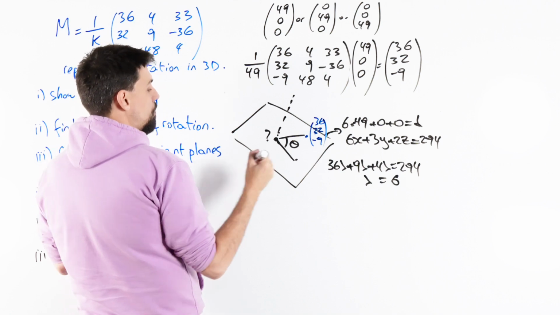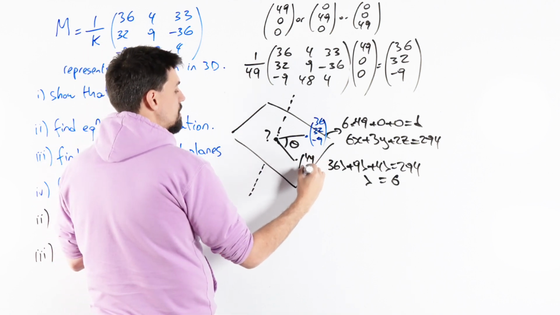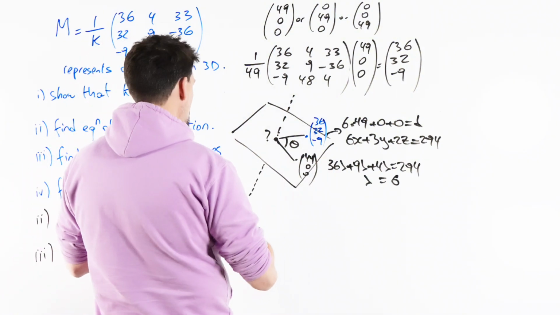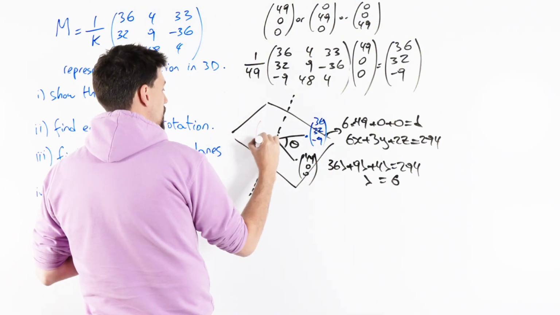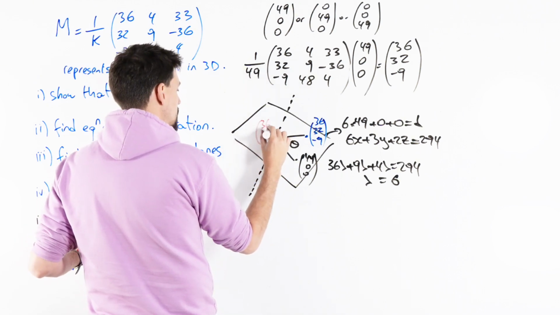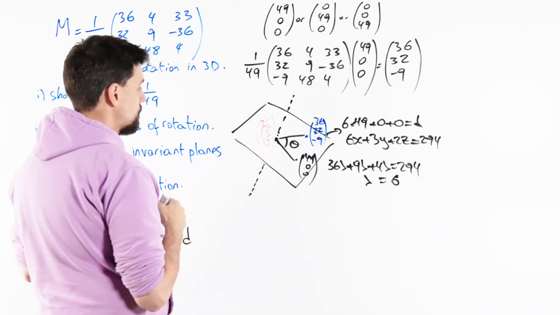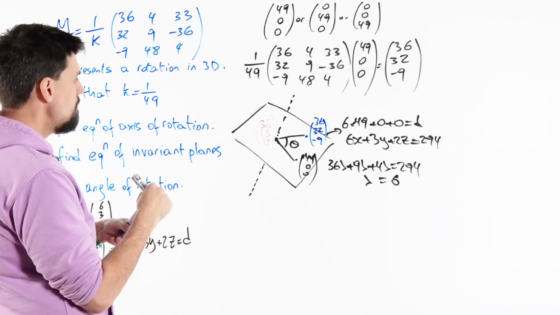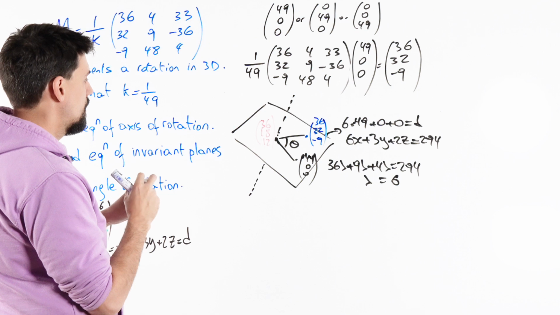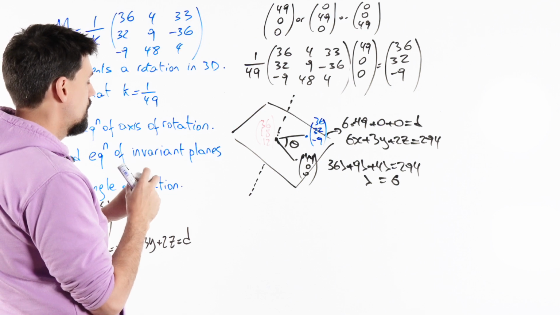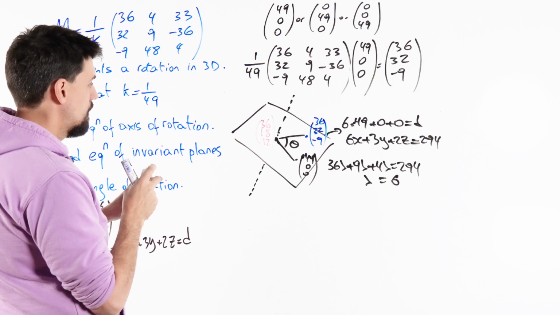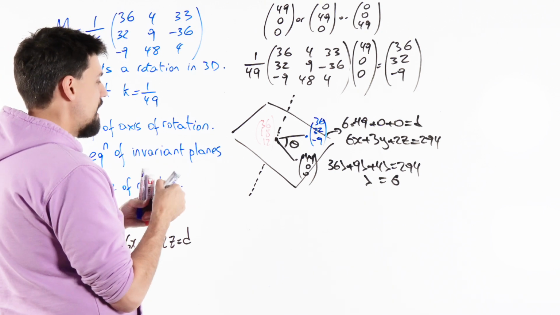So we've got this point here, which was (36, 32, -9). We've got our original point, which is (49, 0, 0). And we've got this new point here with lambda is 6, which is (36, 18, 12), doing position vectors. So let's find our two vectors.